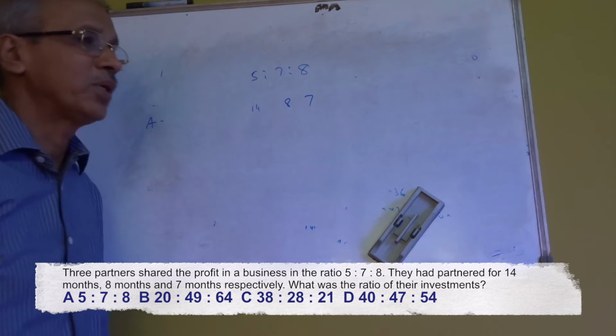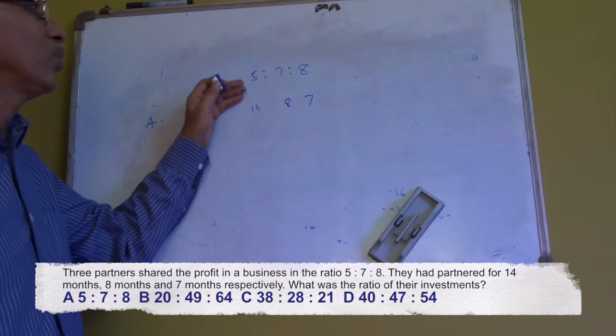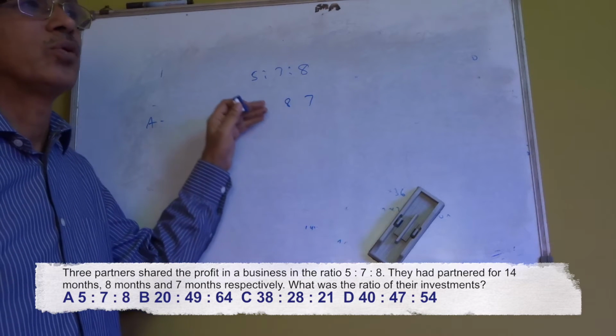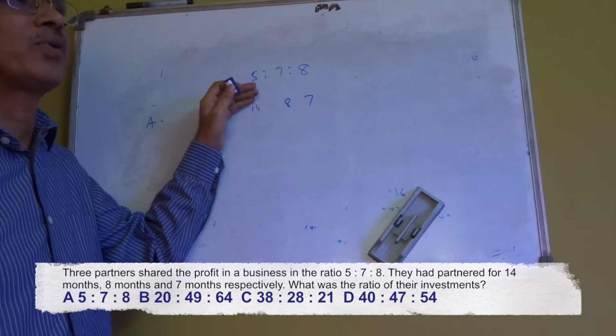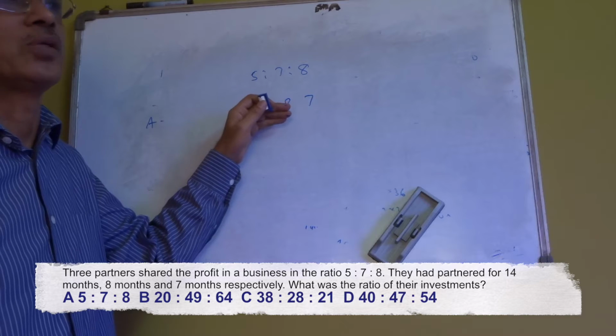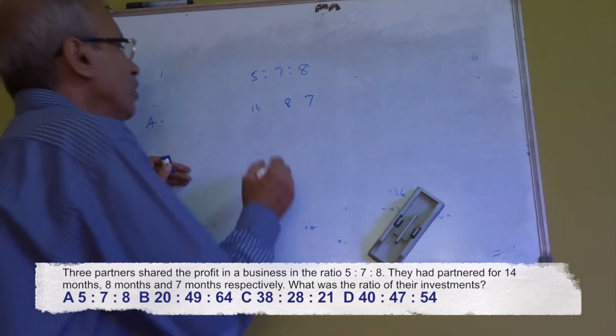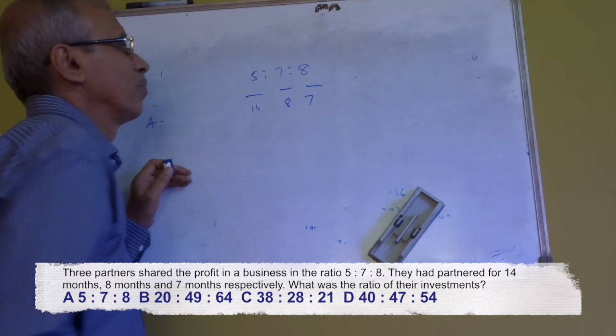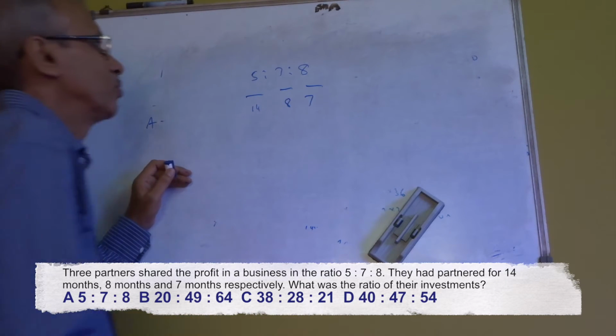What is their investment ratio? Now, while finding the profit, what do we do? Investment into number of months. So to get the investment from the profit ratio, divide by the number of months, and you get the investment ratio. So this would be 5 by 14, 7 by 8, 8 by 7. That is the ratio.